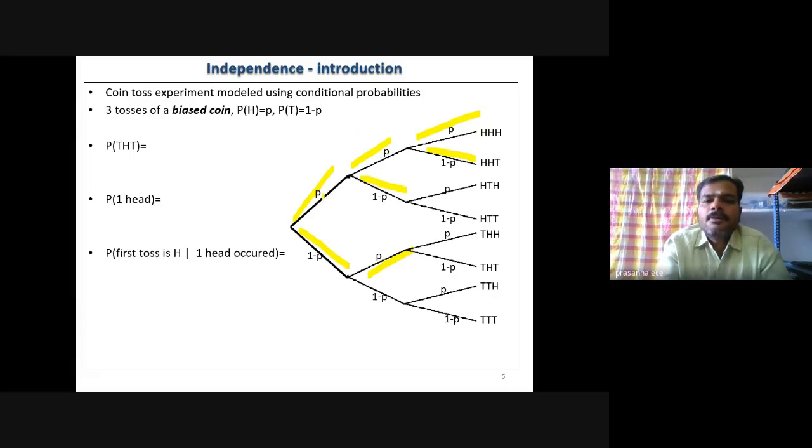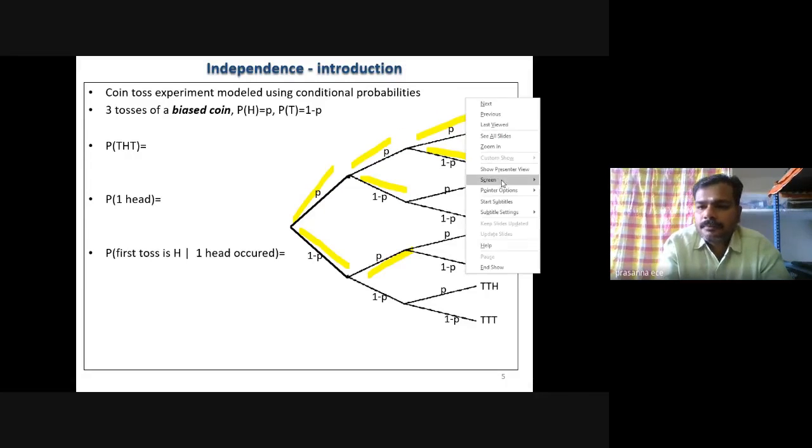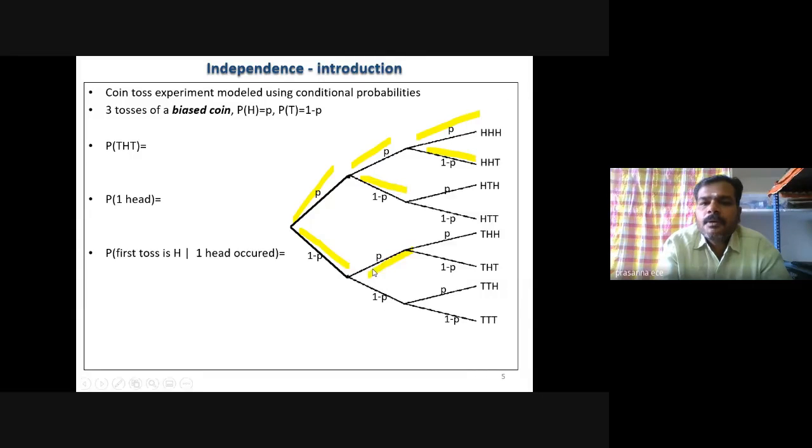In this experiment, assume that this is a conditional probability model, and the probabilities of the corresponding branches are shown along with the branches. The probability is given in terms of a variable p.